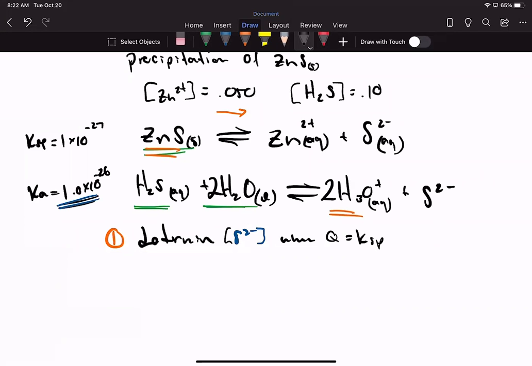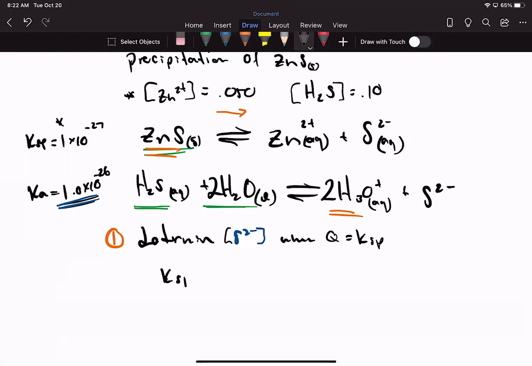Because we are given the KSP, and we're given the concentration. Again, I won't have you look up the KSP. I'll give you all the KSP, Ka, Kb values that you need for the exam. There's no need to look that stuff up, unless I'm asking you to calculate it. But let's see what we have here.